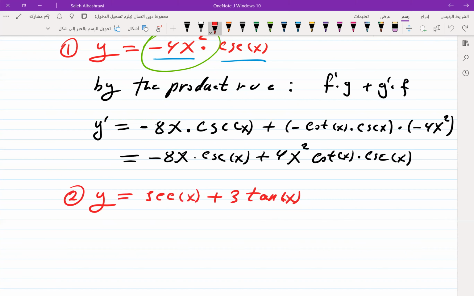Now the derivative of this function, y prime, is equal to the derivative of secant x, which is secant of x multiplied by tangent, or tangent multiplied by secant, they are the same, plus the derivative of 3 tangent. 3 is constant, so I will keep it as it is, applying the constant multiple rule, and the derivative of the tangent is equal to secant square of x.